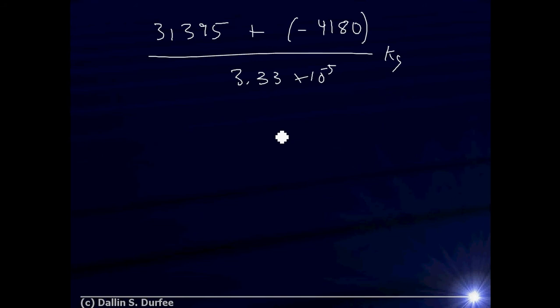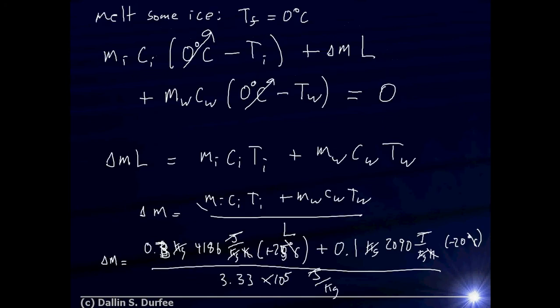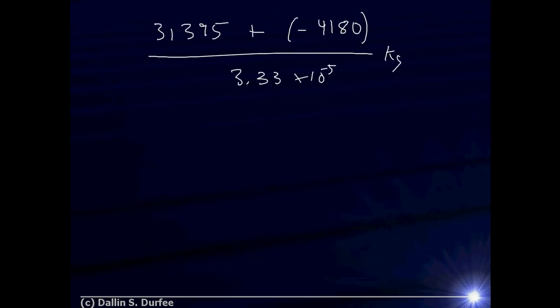I know this is tedious. I'm not going to plug the numbers in every time. And then I divide that by 3.33 times 10 to the 5th. That's not minus 5, that's 10 to the 5th, right? Why did I write a minus 5 there? It's 10 to the 5th. All right. And that is going to equal, did I do this right?